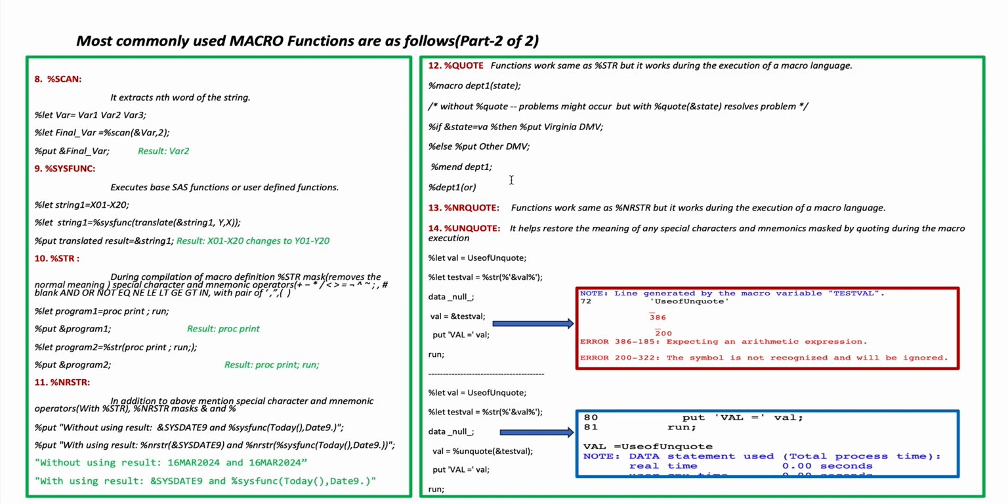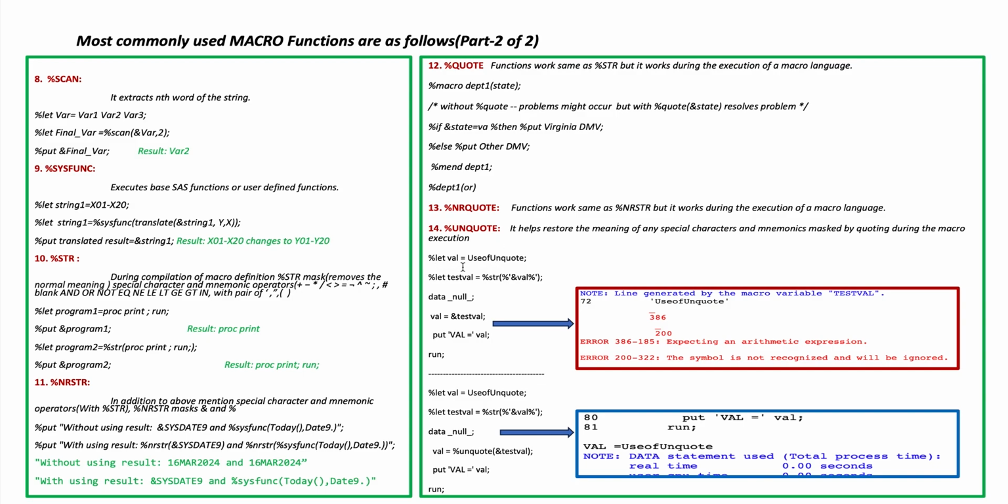Number 13, %nrquote. This function works the same as %nrstr, but it works during the execution of the macro language. Last one is %unquote. It helps restore the meaning of any special characters and mnemonic operators masked by quoting during macro execution. We have an example here.